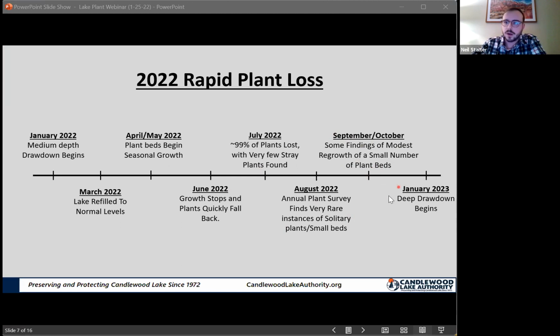And then I just wanted to point out, this past week, First Light began their drawdown. We were initially hoping maybe to have a shallow drawdown this year to help give the plants an edge this upcoming season. Unfortunately, First Light needs to conduct some maintenance that requires them to do a deep drawdown. So that is what now has begun.